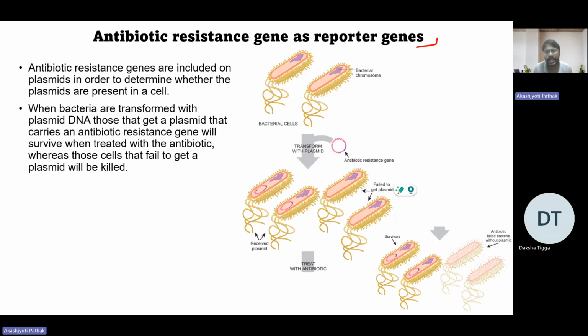These bacteria will survive, while the bacteria which have not taken up this plasmid will not be able to survive and will get killed. So when you grow it on an agar plate which has your antibiotic in the media, only those bacteria which have received the plasmid having the antibiotic resistant gene will grow, and the others will not grow.